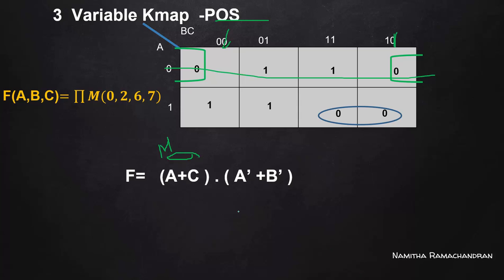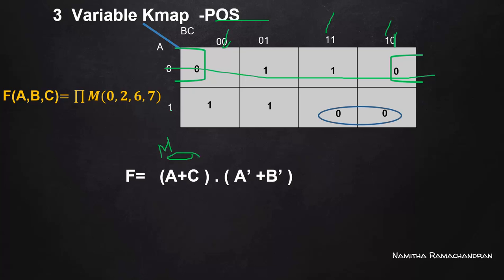Next group is this one. Here which variables are common for these two zeros present in the group? A with value 1 and B equal to 1.